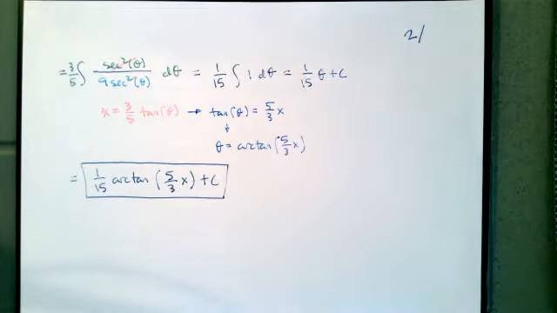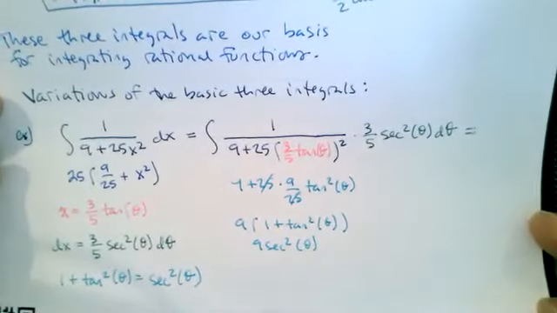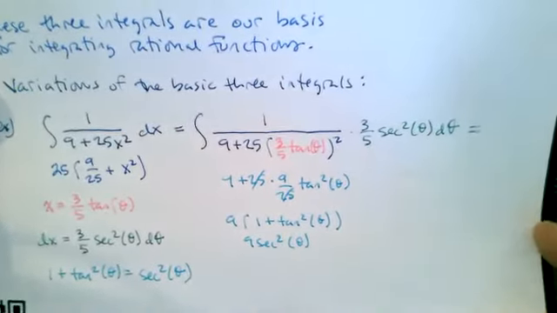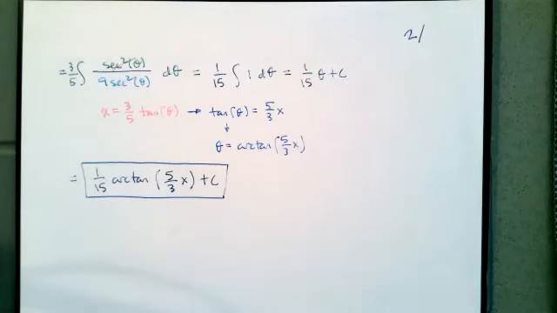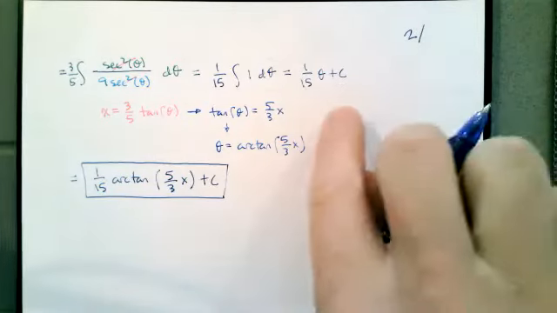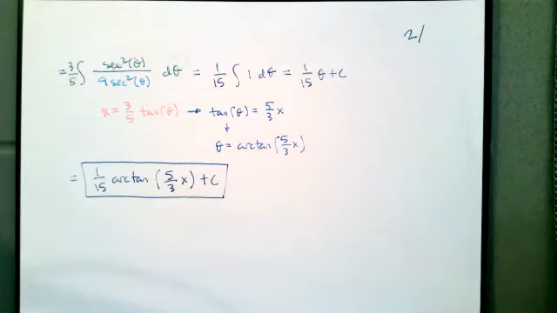The important thing that we want to notice is that we started off with a constant over a quadratic with complex zeros. That's going to lead us into arctangents. Constants over quadratics with complex zeros is arctangent.